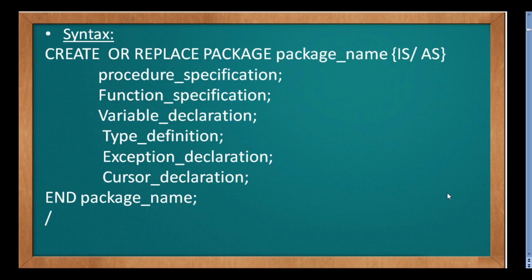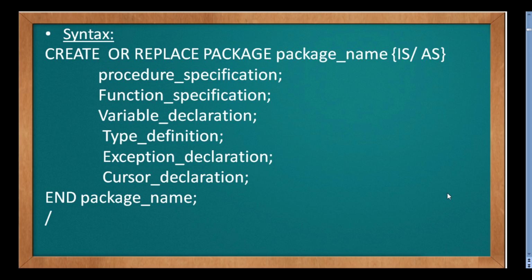And coming to the syntax, create or replace package name is or as procedure specification, function specification, variable declaration, type definition, exception declaration, constant declaration and end package name. Here the package name at the end is also optional.